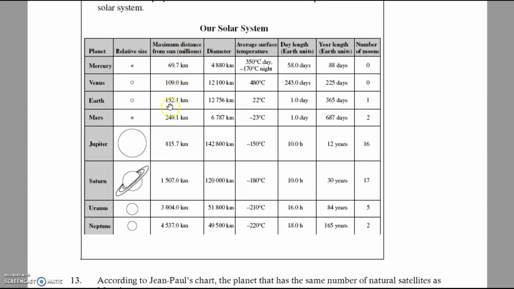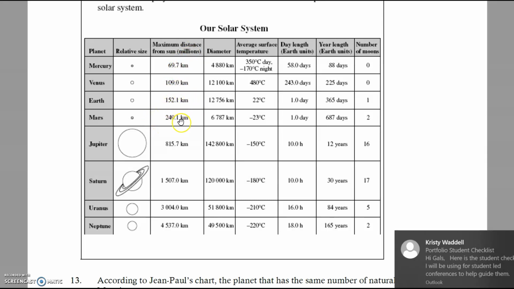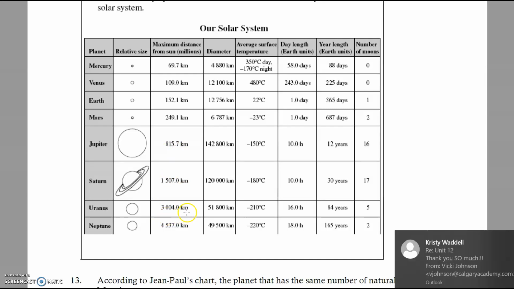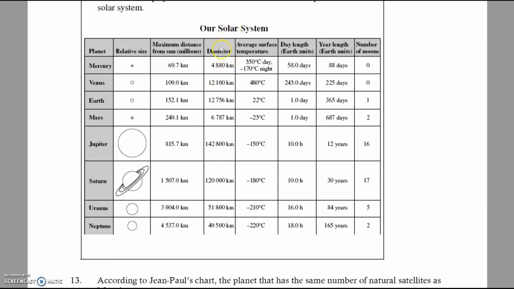Venus, 109 million kilometers, 152.1 million kilometers, 249.1 million kilometers, 815.7, 1,507, 3,004, and 4,537. And then the next column is diameter. So 4,880 kilometers, 12,100 kilometers.